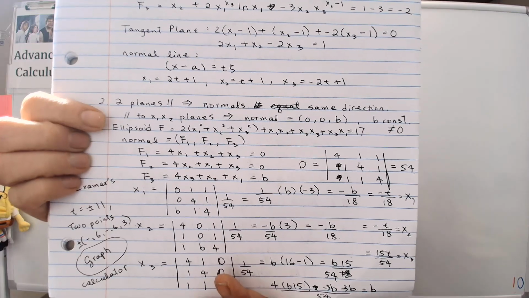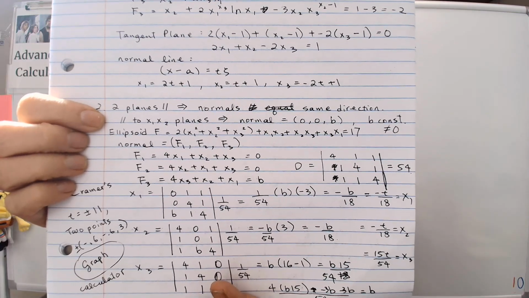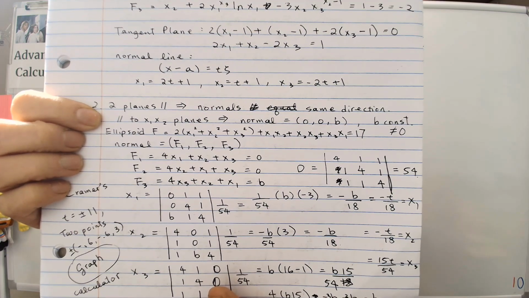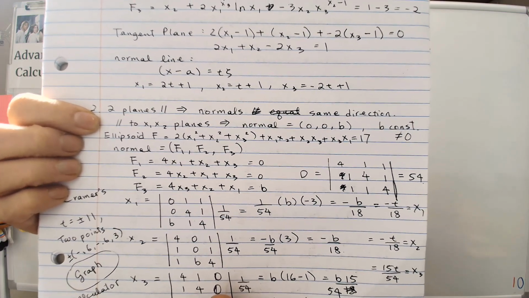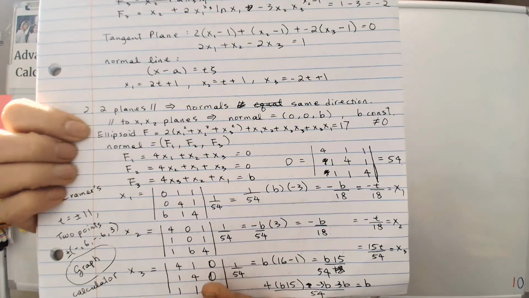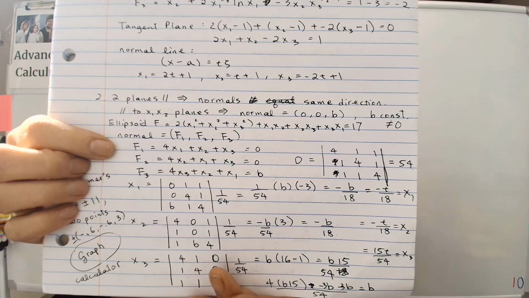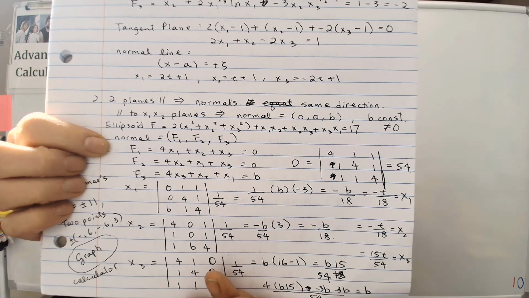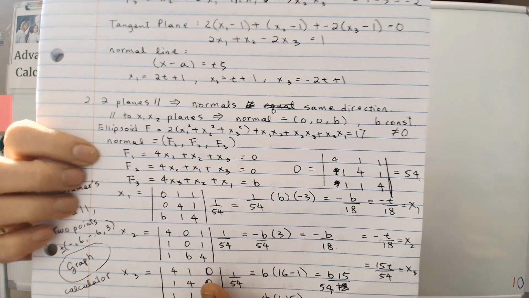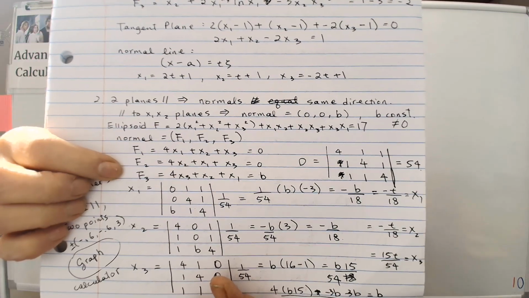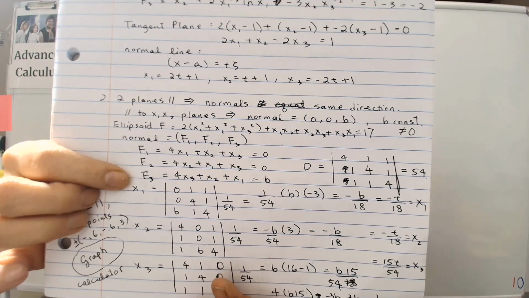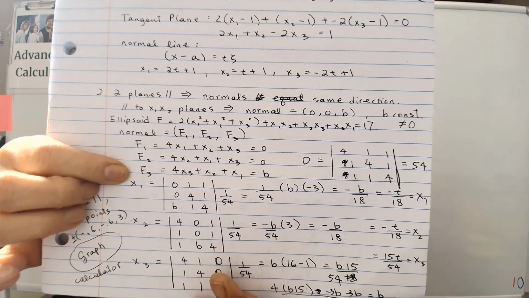Anything that's parallel to the plane x1, x2 must have a normal of 0, 0, 1 or 0, 0, b, where b is a constant value. Here's our ellipsoid, which I wrote in the big F format, and the normal being F1, F2, F3, I calculated it, and it has to be equal to 0, 0, and a constant b, where b better not be 0.